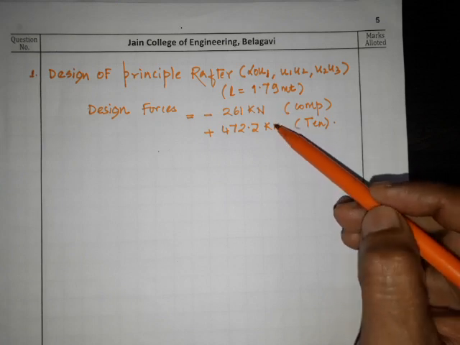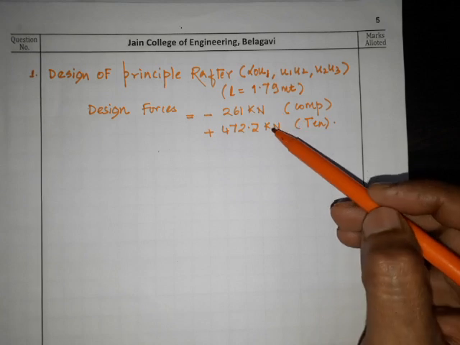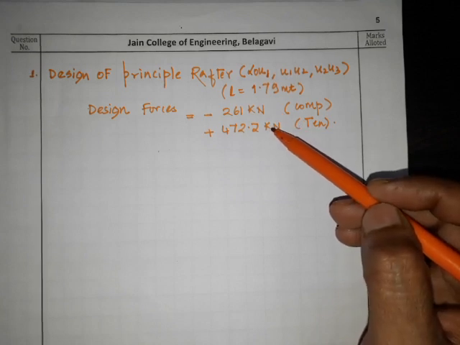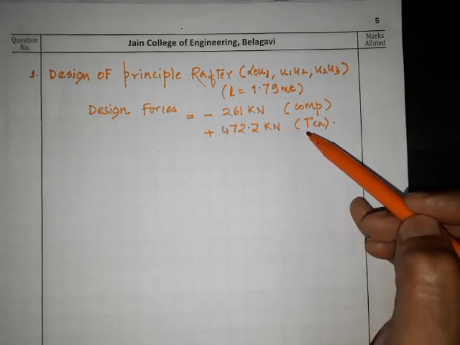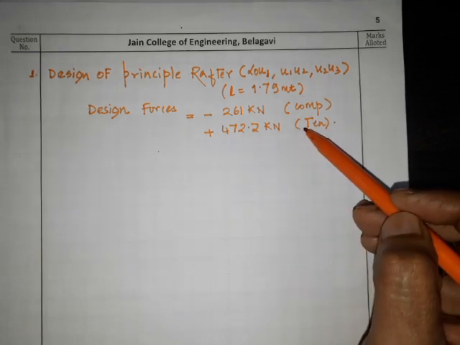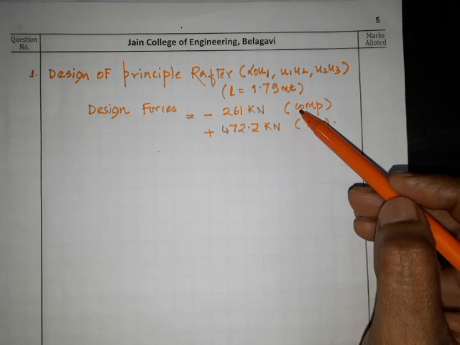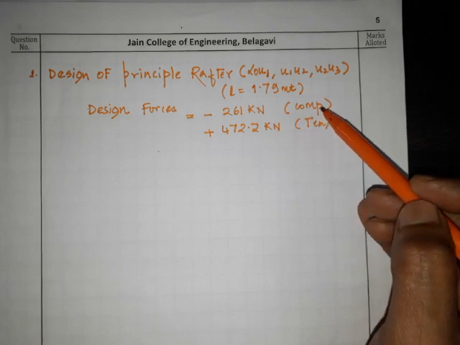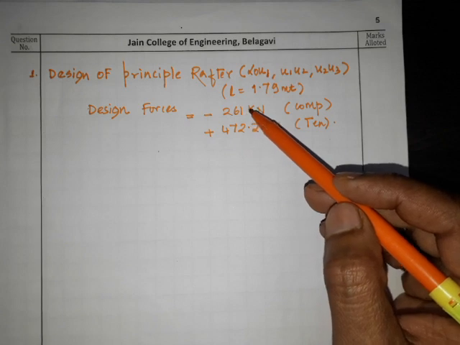When you get the design forces, you have to check which one is the maximum, and follow the design for that particular force. Now, for example here tension, so you have to design the member as a tensile member, and later you have to check whether that member is safe to carry the compression force.